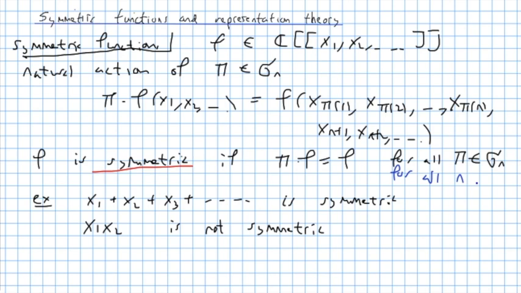So that's why x1 x2 is not symmetric, because, for instance, the coefficient of x1 x2 is 1, but I have no x1 x3, so the coefficient of x1 x3 is 0. So if I have a permutation that sends 2 to 3, and it acts on x1 x2, I'm going to get x1 x3, which is not the same. Okay, so is that clear?